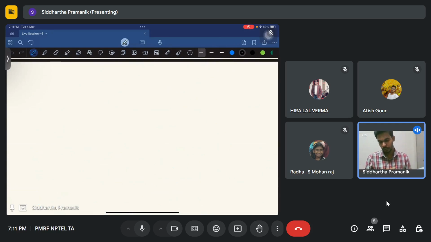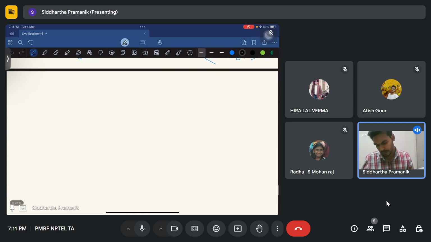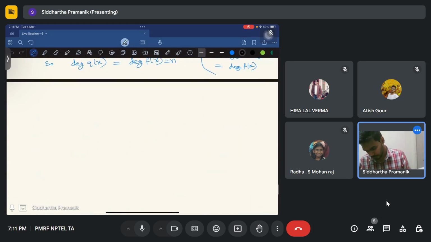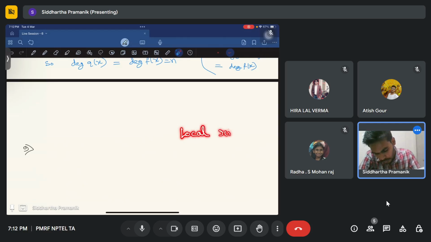Okay. So, the other things we have done are multiplicative subsets, localization, and local rings. Right. So let's see some problems related to local rings. Before that, just recall the definition of a local ring. So what are local rings?